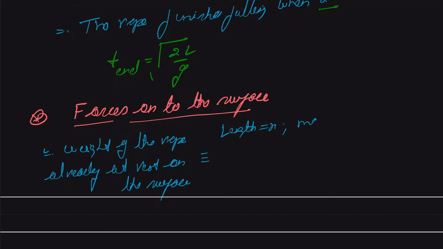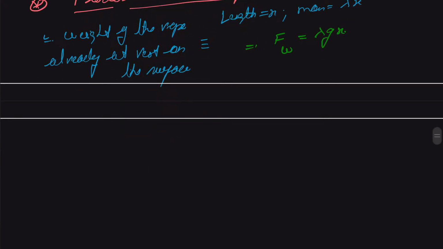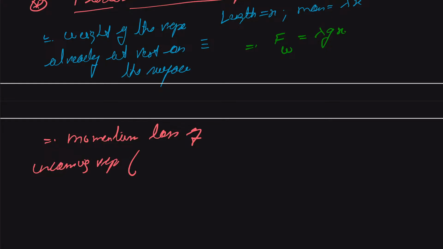Its mass will be equal to the linear mass density times x. Therefore we can find that the force because of the weight will be equal to lambda g x. And the second is the momentum loss of the incoming rope, which we also called the momentum flux.